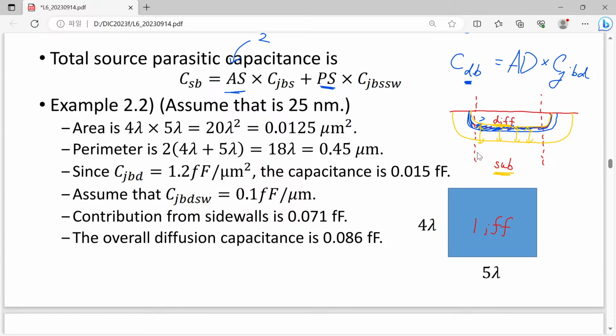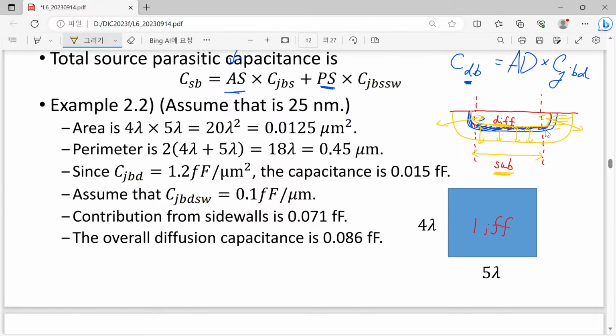So even in this area dependent one, the physical origin is depletion of your PN junction, and even in the case of this perimeter dependent one, still the physical origin is depletion of this side wall. This side region is also depleted. That's the reason why you have perimeter dependent contribution to your capacitance.